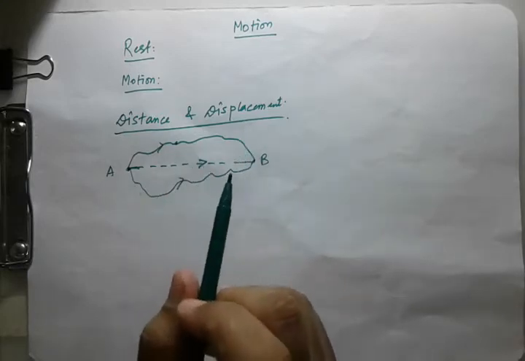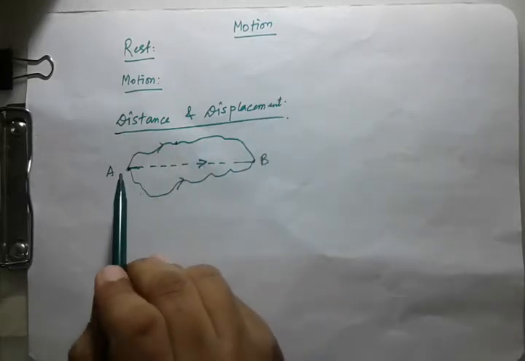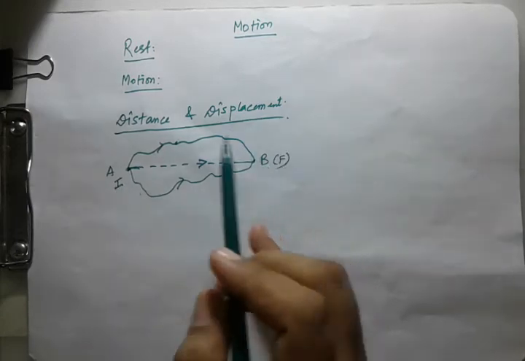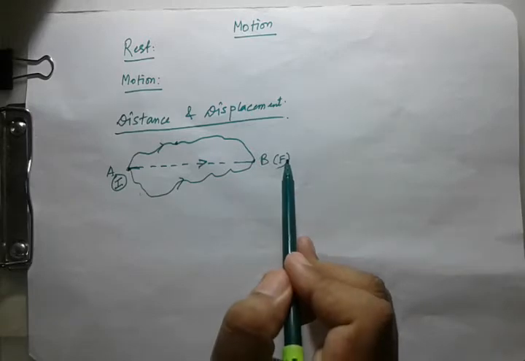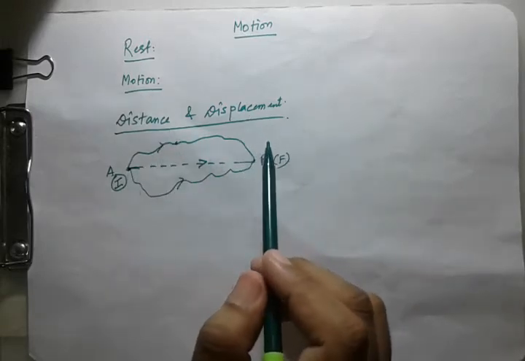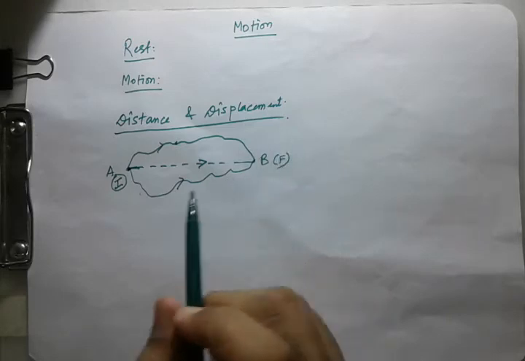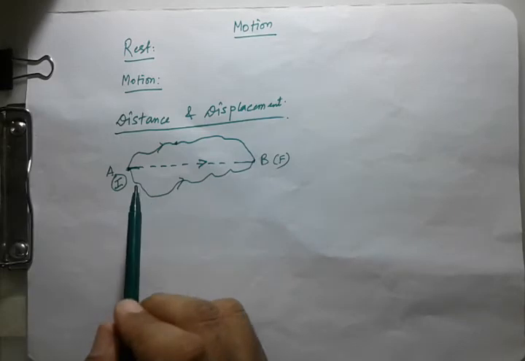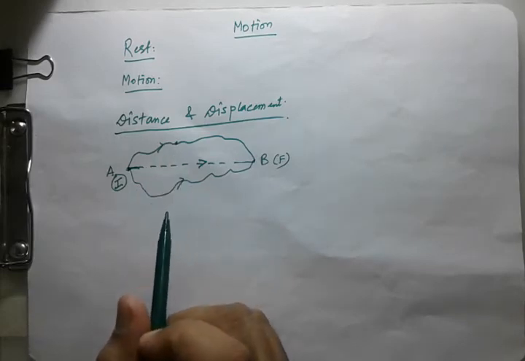This is the initial position and this is called the final position. The shortest distance between initial and final position is known as the displacement, and the total path covered is known as the distance. So distance is a scalar quantity and displacement is a vector quantity.